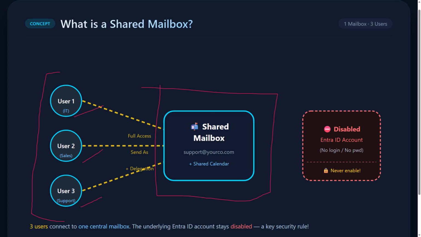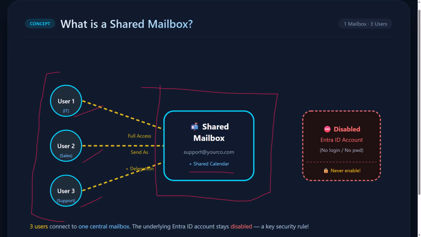And this shared mailbox is not just for emails. It comes with its own shared calendar, perfect for tracking team shifts, holidays, or project deadlines so that everybody has an eye on what is going on. If any email is coming, in a distribution group, the email will go to the individuals.